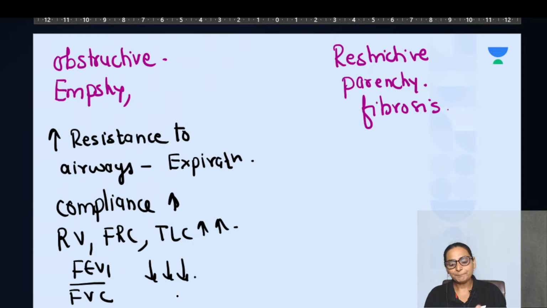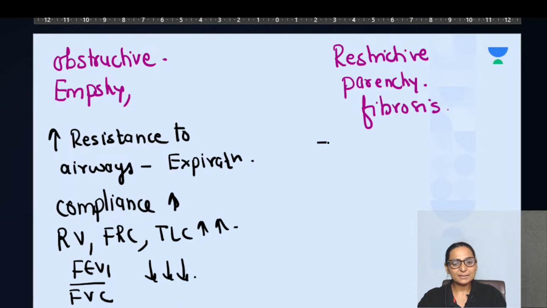What is FVC? Volume of air that is taken in and given out. Now where is the problem? The problem is more in expiration. That means the problem is more in the numerator. So the numerator has decreased very much as compared to the denominator, and therefore the ratio is grossly reduced, right?